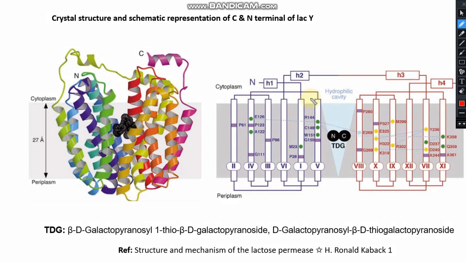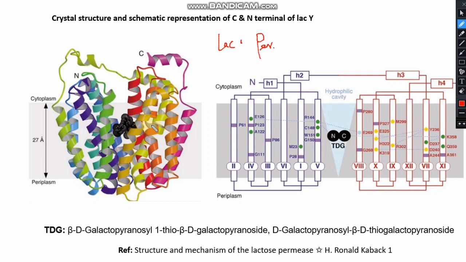Here it's showing the crystal structure of the lactose permease, and here is the binding of the beta-galactosides. This is the crystal structure, and a similar structure is represented by the schematic diagram. Each color of the crystal structure shows each transmembrane helix.